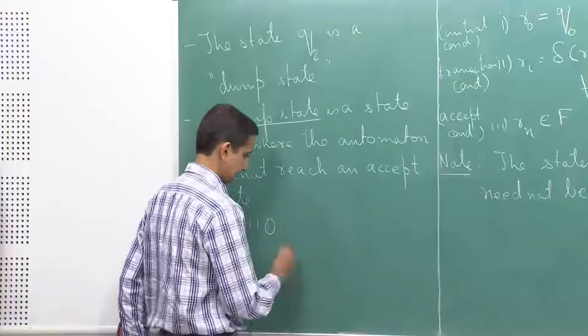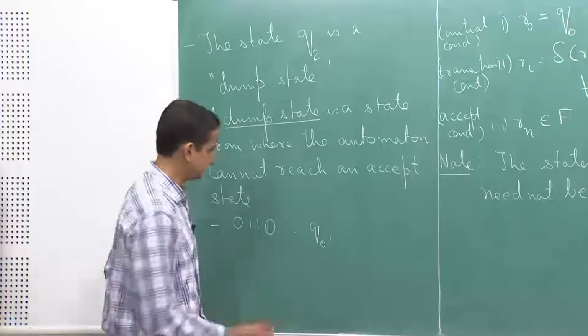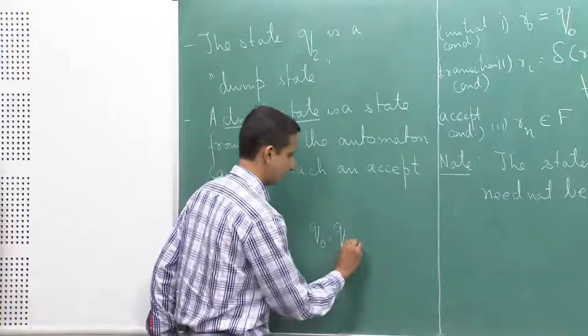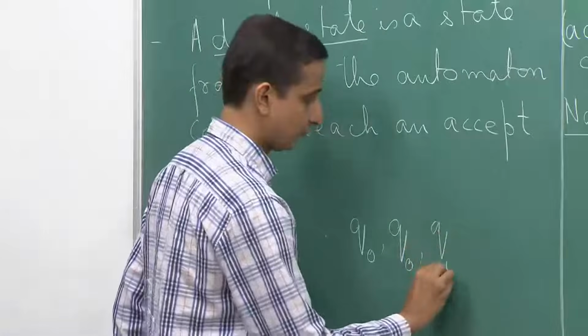The automaton starts at Q0. From Q0 on a 0, it stays at Q0. Then again from Q0 on a 1, it goes to Q1.